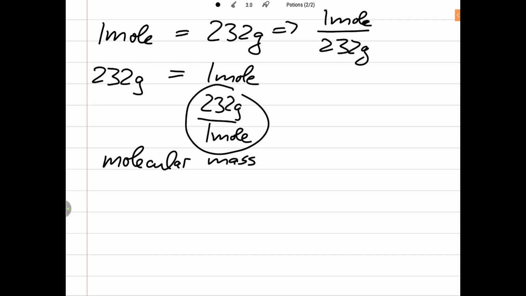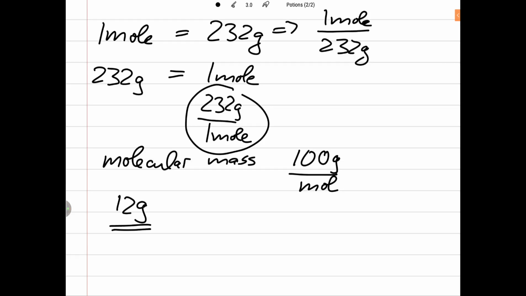So we have a substance with a molecular mass of, say, 100 gram per mole. And I have 12 grams of this substance. How many moles are that?